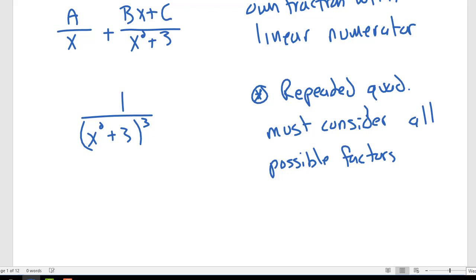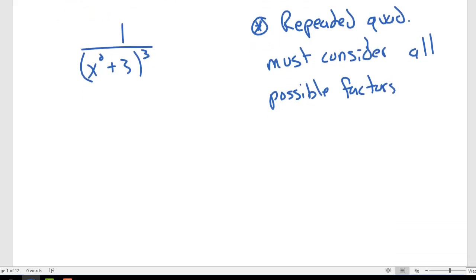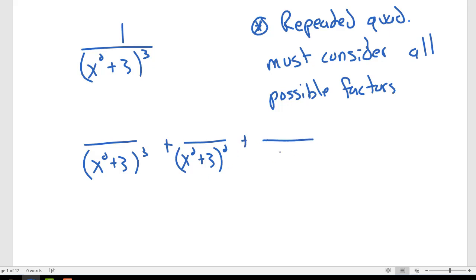So in this illustration, I have x squared plus 3 cubed, and then I have to look at x squared plus 3 squared, and then I have to look at x squared plus 3 to the 1st power.